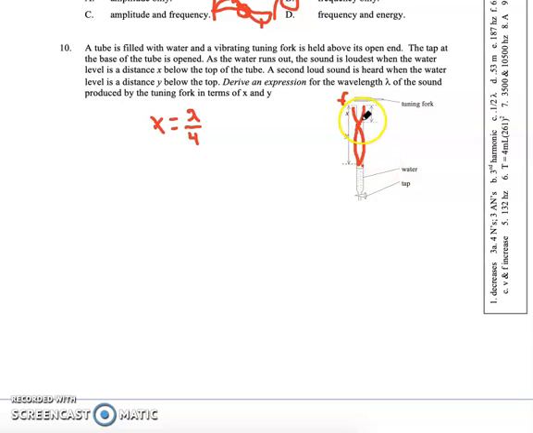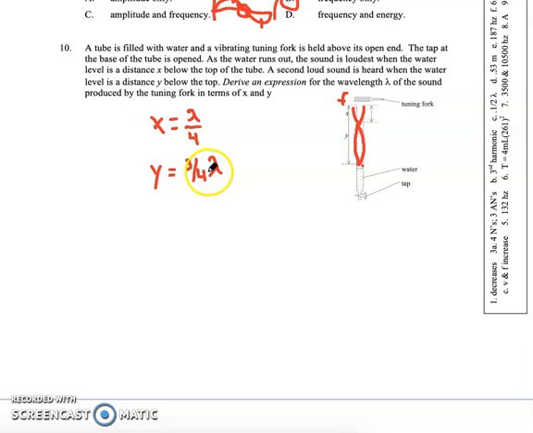When you go from one harmonic to another, no matter the situation, all you're doing is always adding half a wavelength to it. In fact, that's probably the easiest way to understand that. So if we start with a quarter of a wavelength for the first harmonic, then the next harmonic, which fits into y, has to be a half a wavelength longer, or 3/4 lambda.